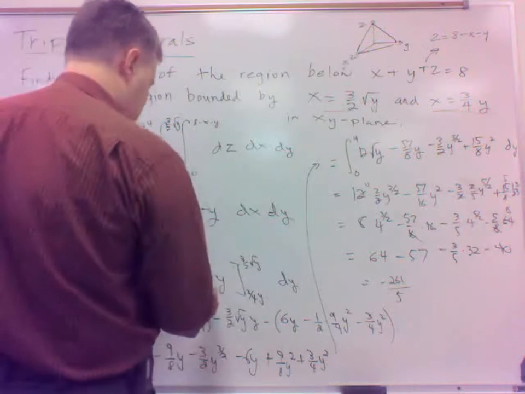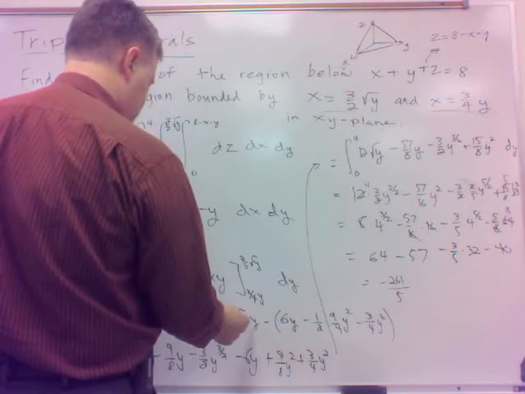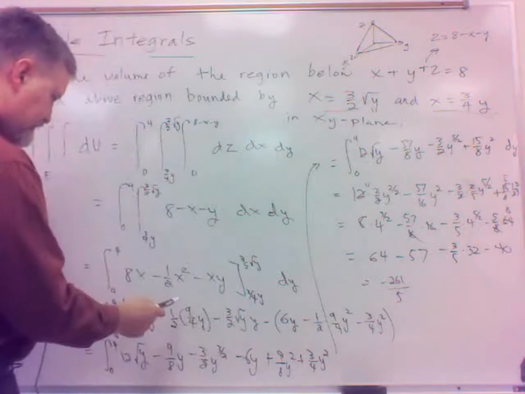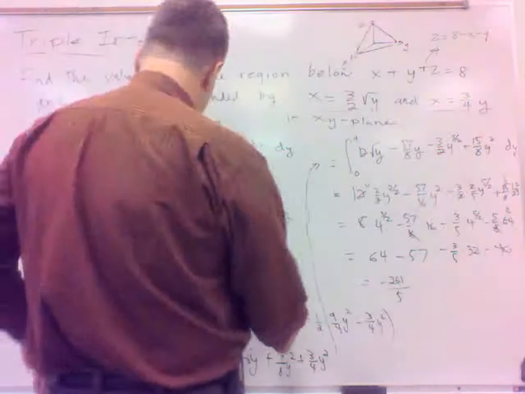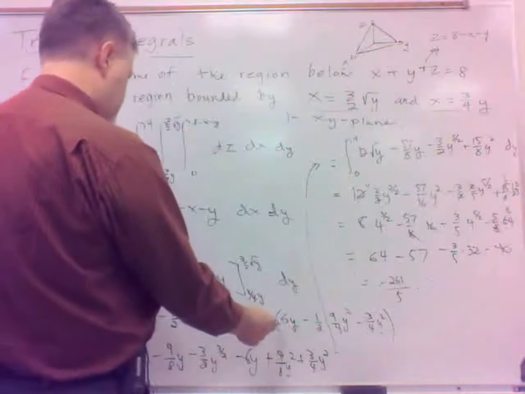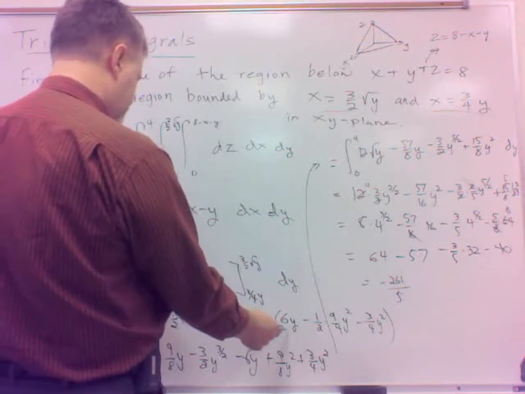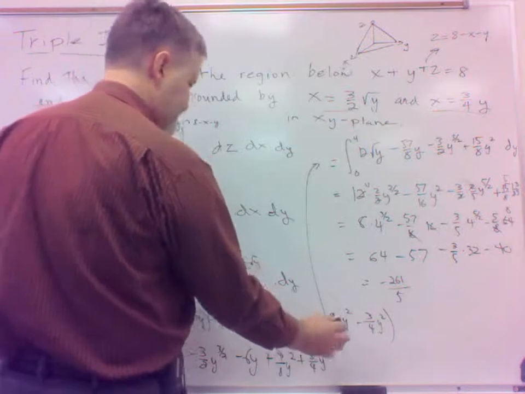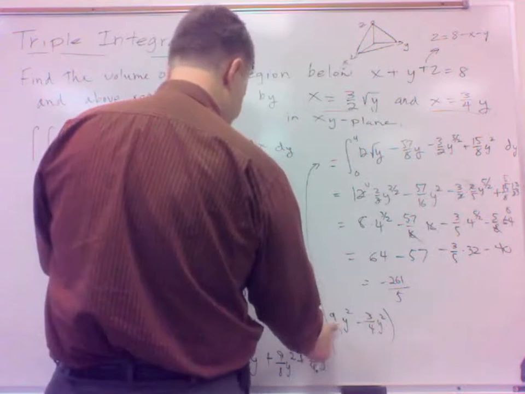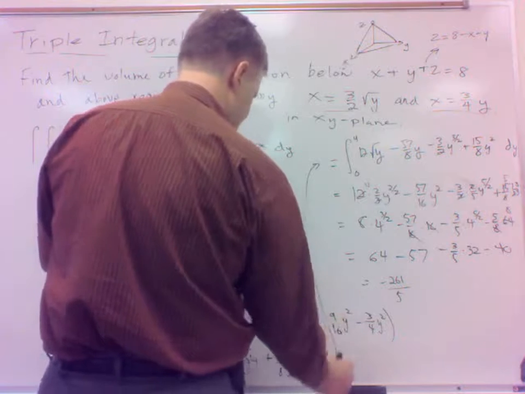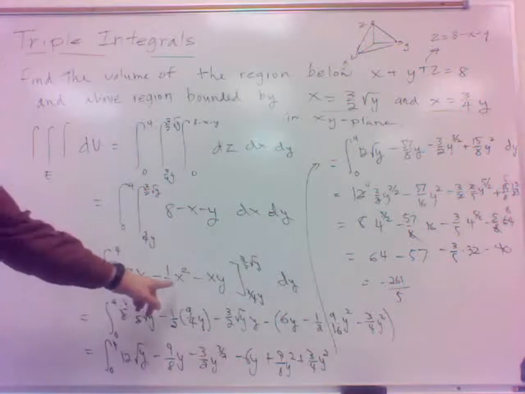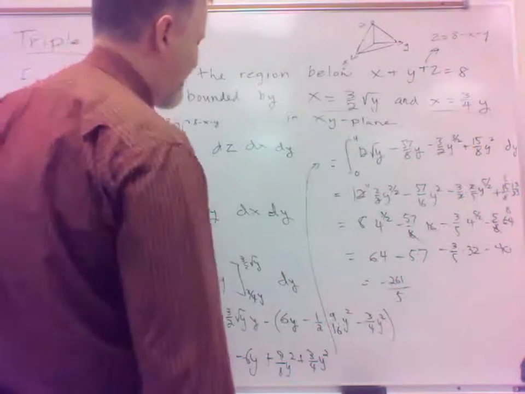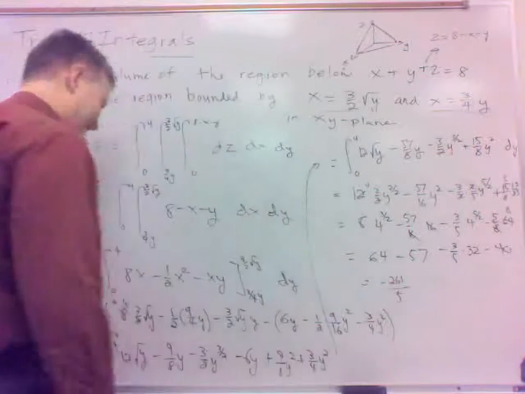And then x, so it'd be 3/2 square root of y times y. Okay, then plug in the 3/4 y. That might be where it messed up. Oh, that's 6y. 1/2 times 9/16. That's what it was. There's my problem, because I forgot to square it.